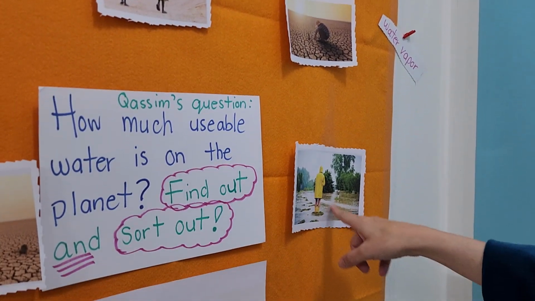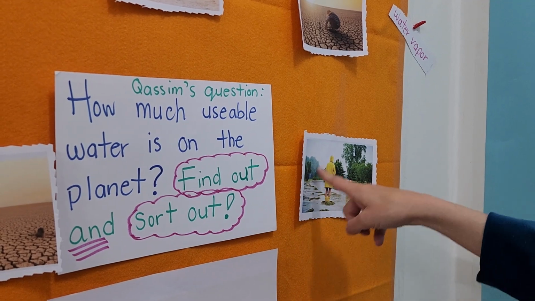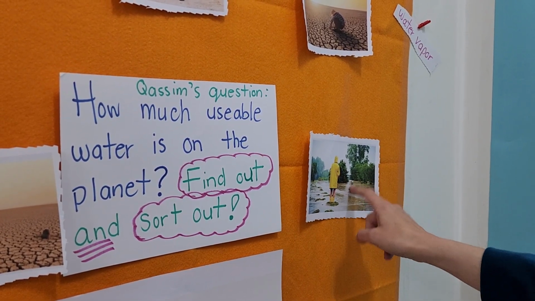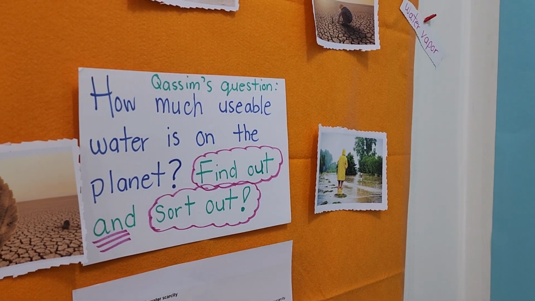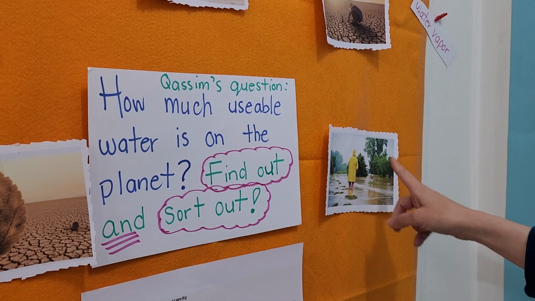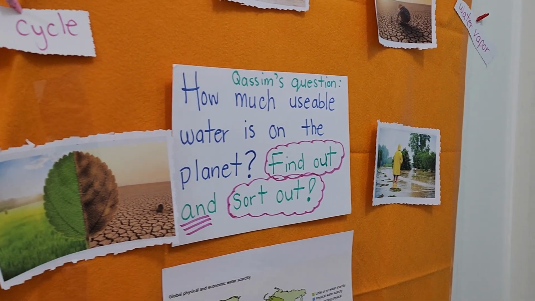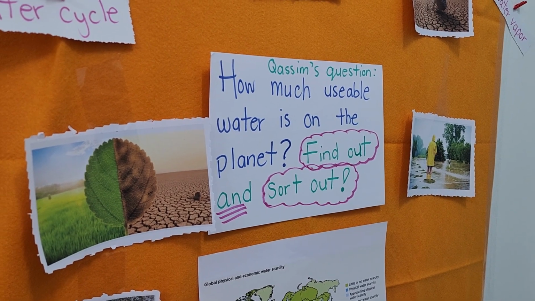Then over here, it looks like we have someone standing in a flooded area. Yes, definitely. So we have lots of questions about whether floods cause the water to get dirty and if that is safe for people. It may not be very safe. Okay, perfect. So that brings us to our next step.